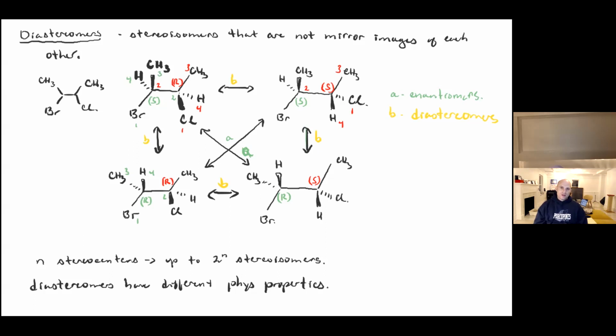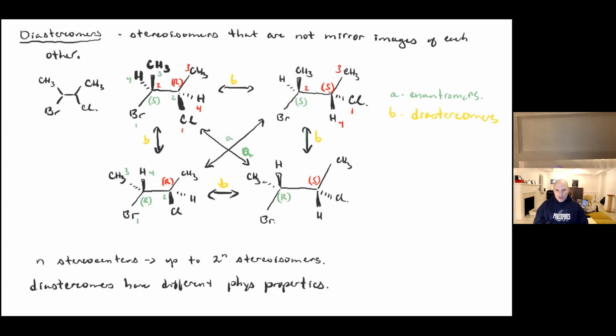They rotate plane polarized light, and the stereocenters in chiral molecules have an R or S configuration, okay? Enantiomers specifically are stereoisomers that are non-superimposable mirror images of each other. They have the same physical properties, save for the rotation of plane polarized light. Diastereomers are everything else. They are stereoisomers that are not mirror images of each other.